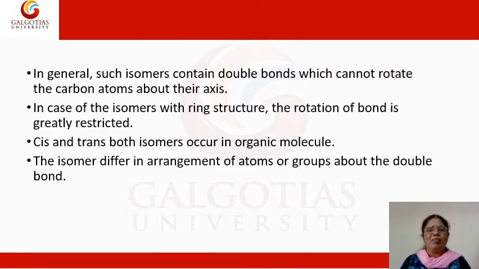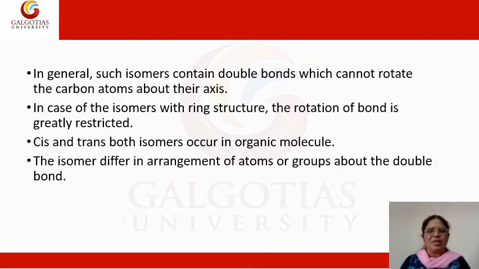In general, geometrical isomers contain a double bond, which does not allow the carbon atoms to rotate about their axis, making rotation around the double bond very difficult. Secondly, they contain different groups attached to each of the carbon atoms.